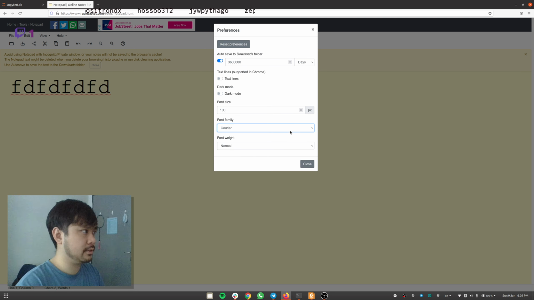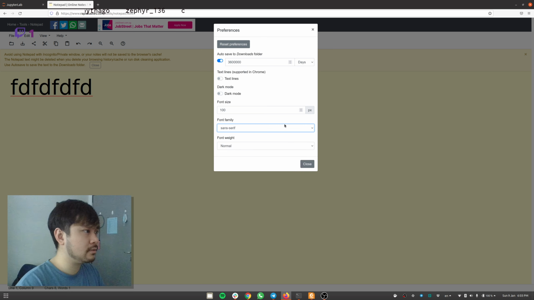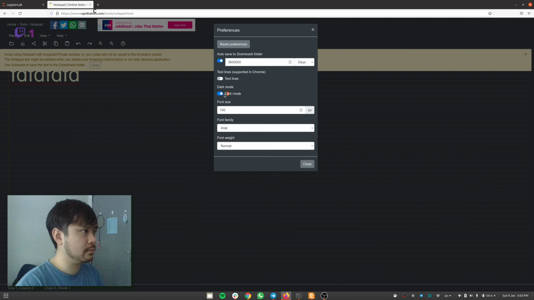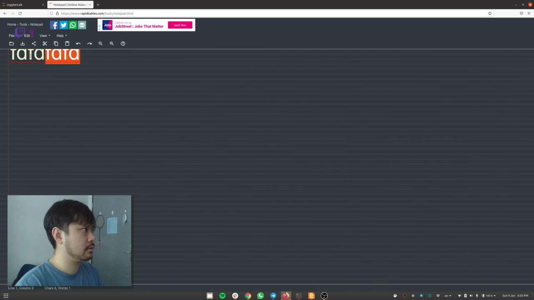Let's do Korea. Yeah, let's do fantasy, what the hell, no. Monospace. What am I doing? Choosing fonts? Am I stupid? Okay, Arial. Okay, dark mode, sure. Yeah, text lines. Nope. Okay.